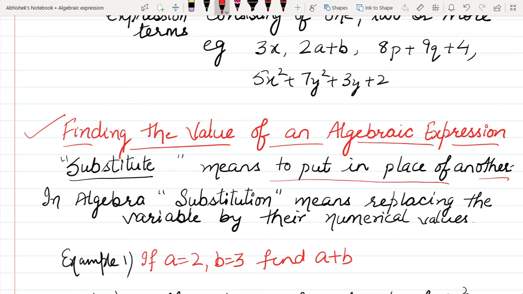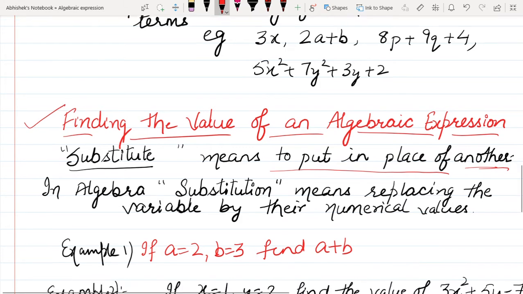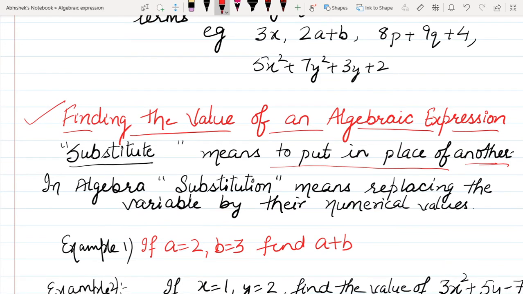We will put any value in place of another. In algebra, what does substitution mean? We have learned this word in English also, but in algebra, in mathematics, substitution means replacing the variable by its numerical value.